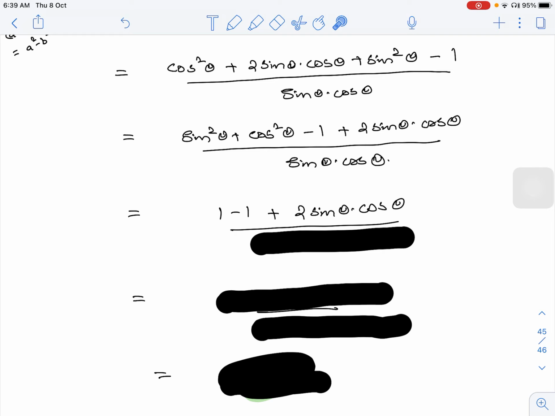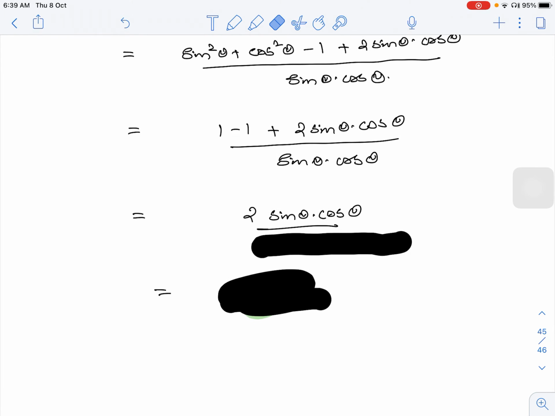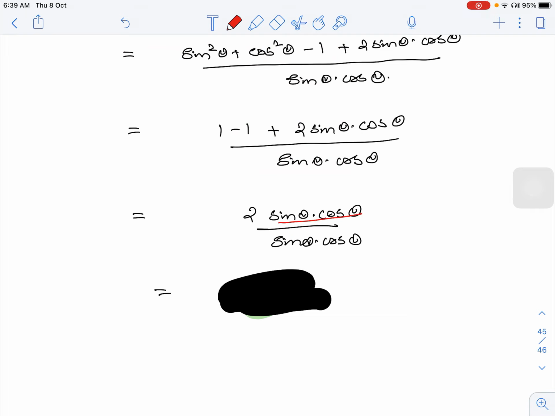Now 1 minus 1 becomes 0. So in the next step you get only 2 sine theta into cos theta, divided by sine theta cos theta, the denominator as it is. Now the numerator and denominator both have the same terms, so we can cancel them. What you get in the next step is that our answer is only 2.